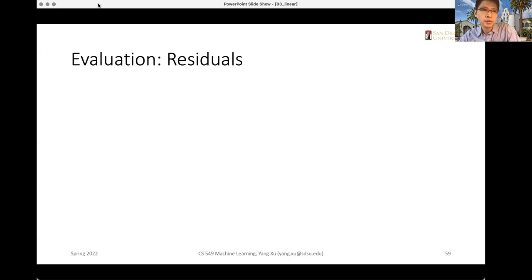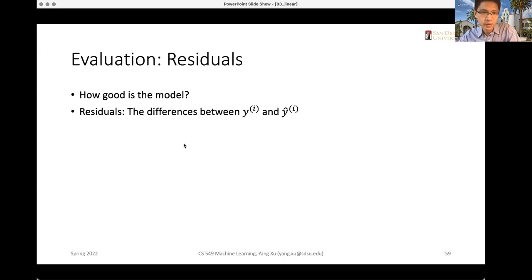So we will use a special metric called residuals for measuring the performance of a linear regression model. A residual is the difference between the actual ground truth target value and the predicted value. The e is for error here. The e is the difference between y_i and y hat.